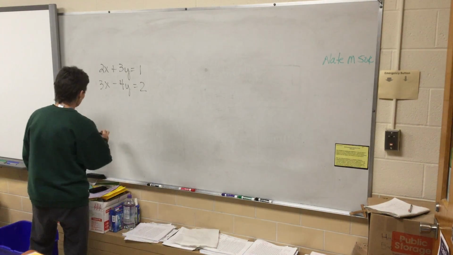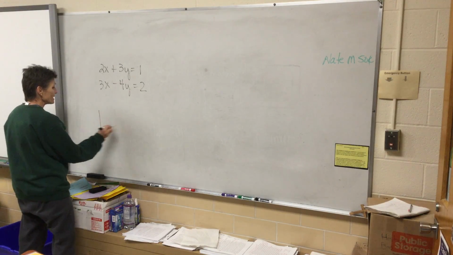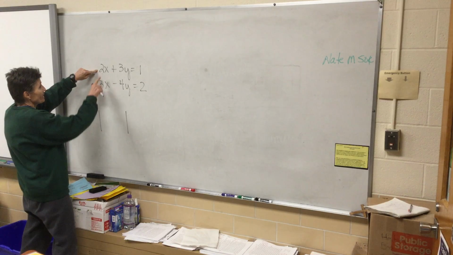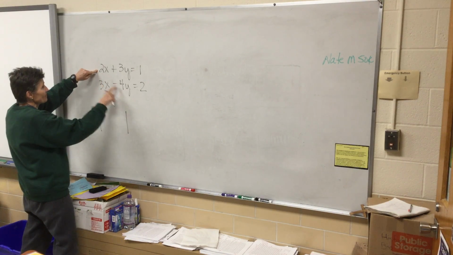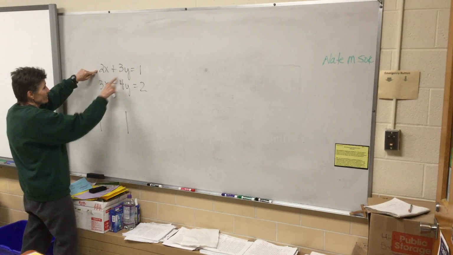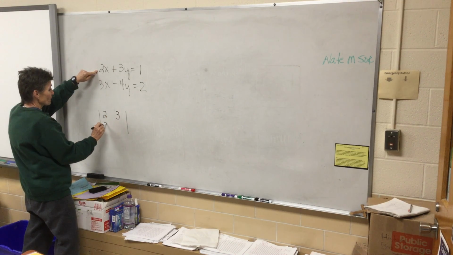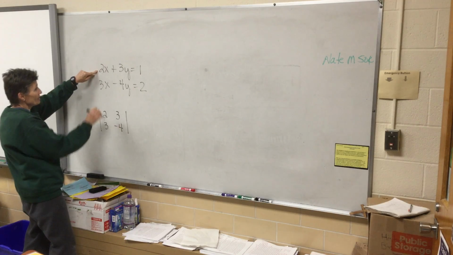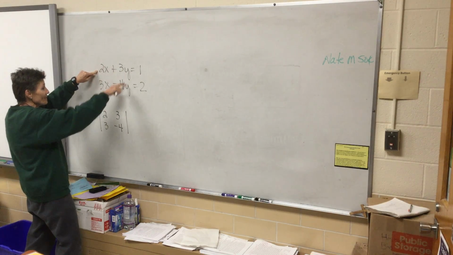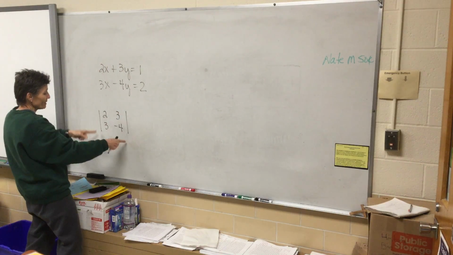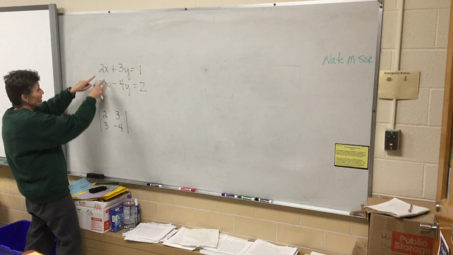First thing I want you to do is find the determinant of the coefficients. Now, by coefficients, I mean the numbers hooked to the x's and the y's. So 2, 3, 3, -4. So determinant, that's the straight line thing.